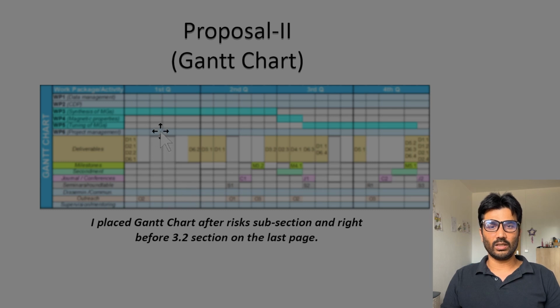First I wrote the six work packages: data management, career development plan, synthesis of the material, study of properties, further tuning of the properties, and the last one about project management. And then I mentioned the deliverables.